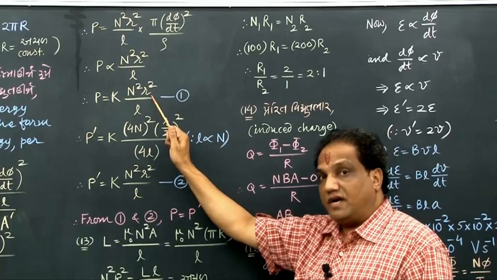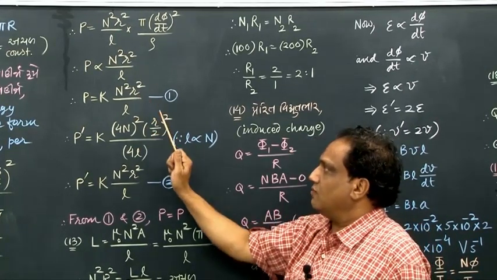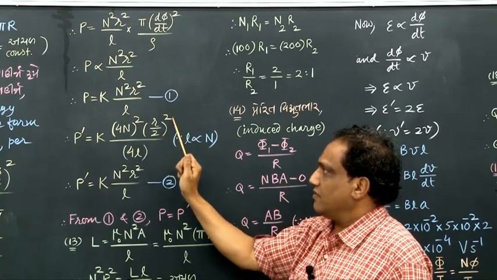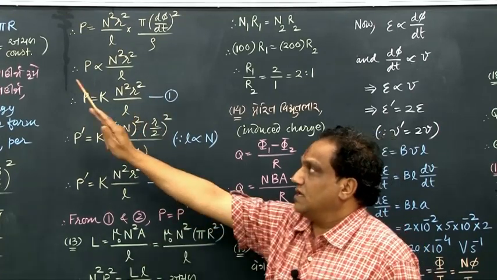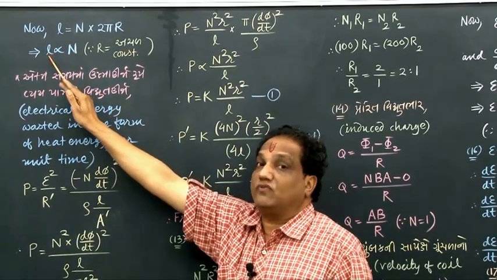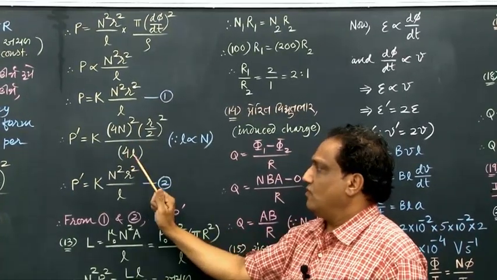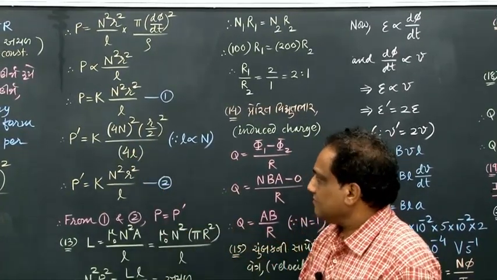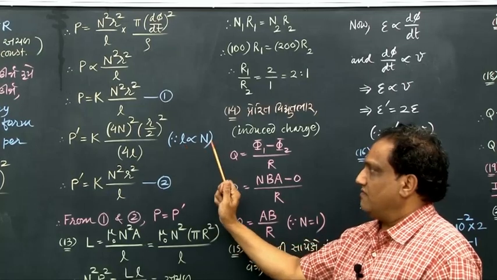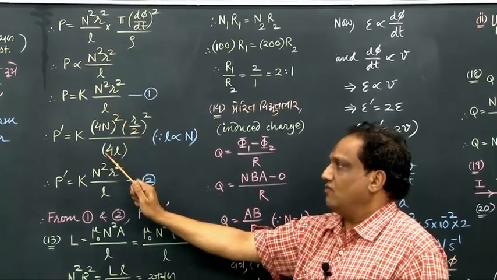They have made the radius of cross section of the wire half, so instead of R, I am putting R by 2, squared. And because the number of turns is made 4 times, naturally the length of the wire also will be 4 times, because L is proportional to N. So instead of L, I am putting 4L.